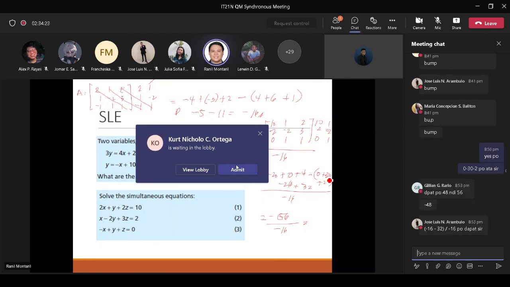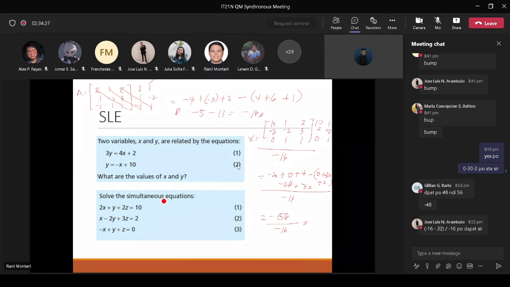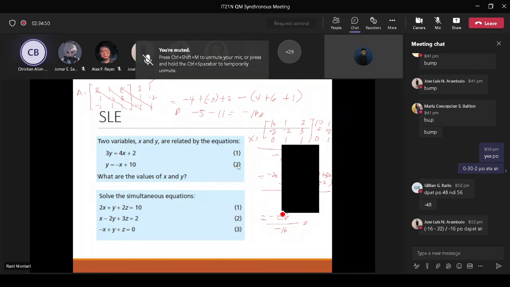I need 10. Wait, if we extend this it is 10. 48 should be the value instead of 56, sir. Because this is negative 24, and this should be 48, so that it becomes 3.